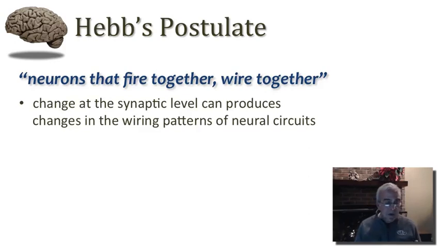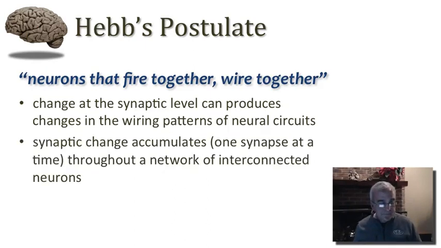So, again, change at the synaptic level can produce change in wiring patterns of entire neural circuits. This is why I love this phrase from Larry about wiring together, because it really points to the long-term and broader consequences of a change in activity that occurs at the synaptic level.